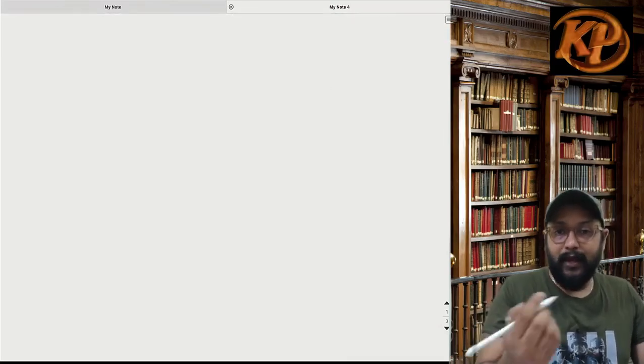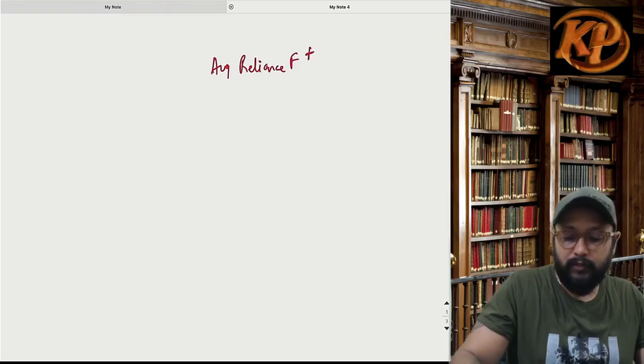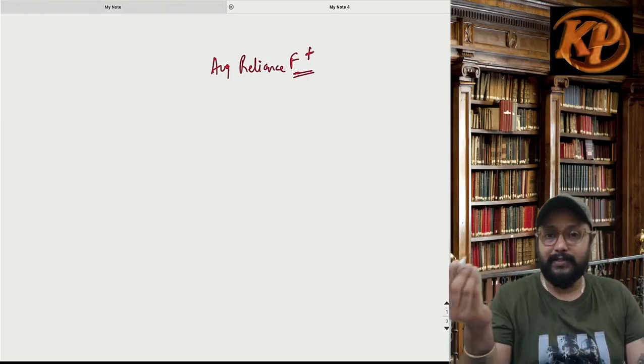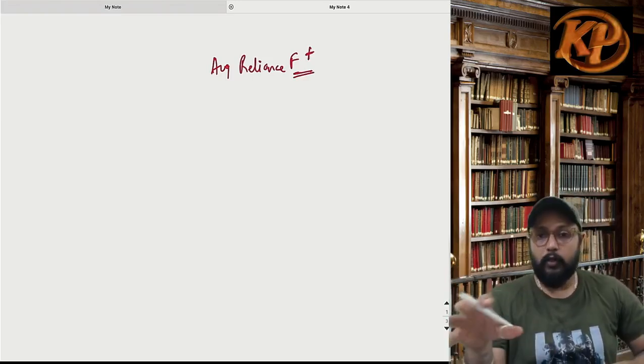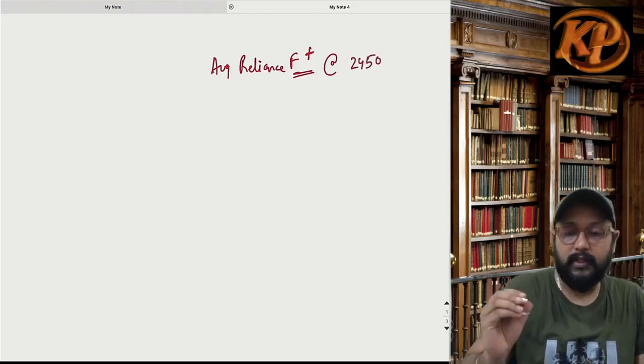So let's say we have taken August Reliance future. When we buy a future, when we take a long position, I will use this kind of a symbol, F plus. It means I have purchased a future. I have taken a long position. I have taken Reliance future at the rate of 2450, let's say.